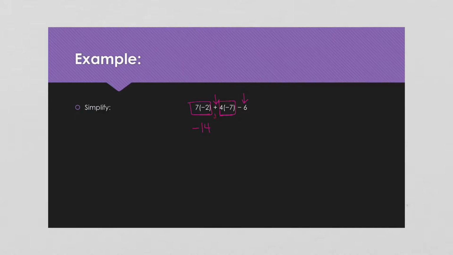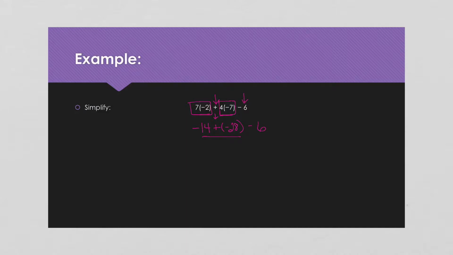I'm going to bring this plus sign straight down. 4 times negative 7, that's a positive times a negative, and I get negative 28 minus 6. Now, the operations that I have left are addition and subtraction, and you do those in order from left to right.